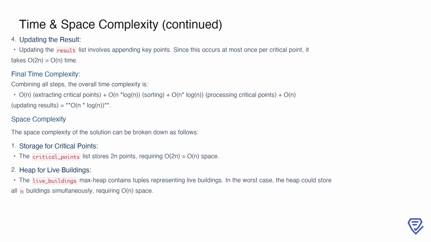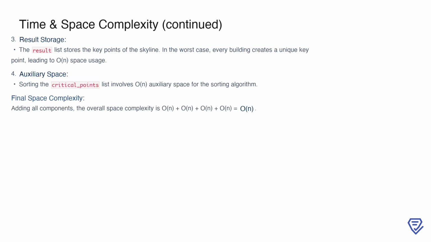Moving on to space complexity, the critical points list requires storage for 2n points, which is O(n). The max heap for live buildings, in the worst case, holds all n buildings, also requiring O(n) space. Additionally, the result list that stores the skyline key points requires space proportional to the number of key points, which is at most n.